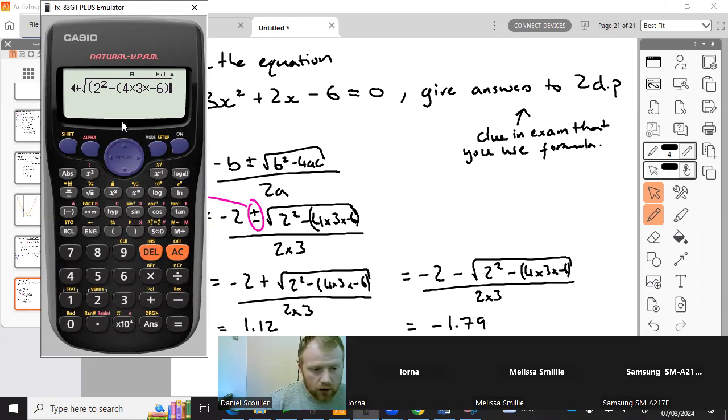Make sure that's in the bracket. So you're going to get 4 times 3, which is 12, times negative 6. So you're going to get negative 72. But that is then taken away. So negative a negative, so it becomes a positive under there. I got it now. Got it. Yep.